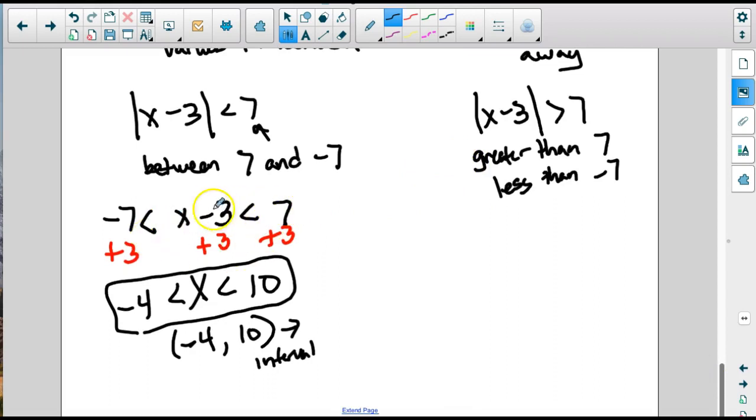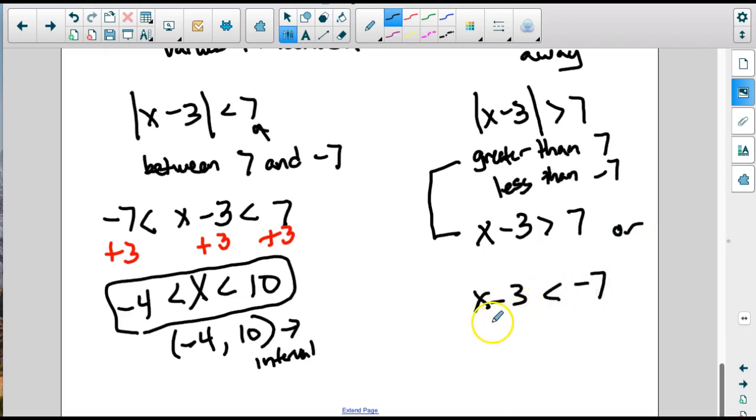Now we can't write a compounded one because it's not in between. It's one further away to the right and further down than -7. On a number line, we're looking at things that are further away on the right than 7 and way down here at -7. So the two equations are x minus 3 is greater than 7, or x minus 3 is less than -7. We're looking for both of those equations.